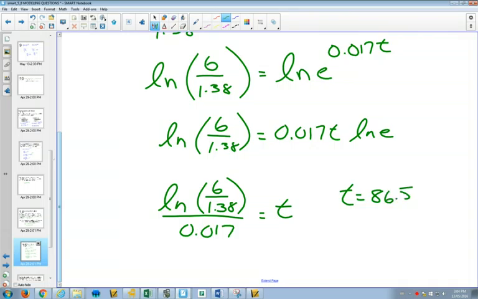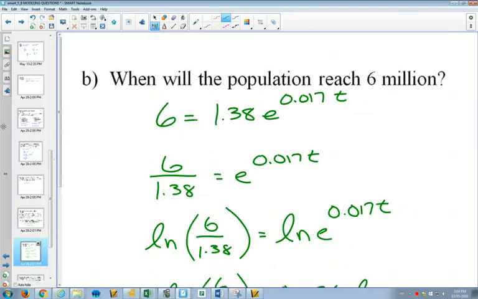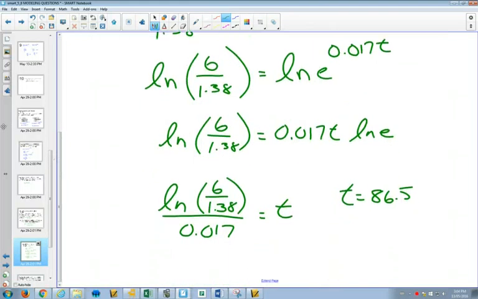What does that mean? Is that what the question asked for? In how many years? Or did it say in what year? It asked for when. So you would have to go 1981, because that's the initial amount that you started with, plus the 86.5 years.